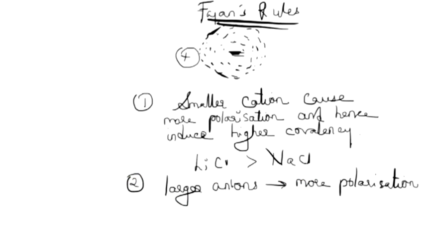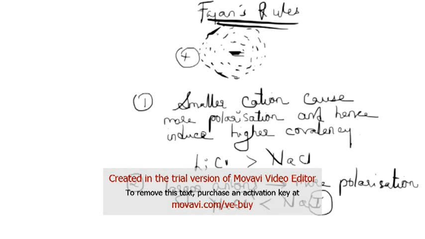The best example is NaCl, which is less covalent than NaI. Why? Because iodine here is larger than Cl. So NaI is more covalent than NaCl. So that's the second point.